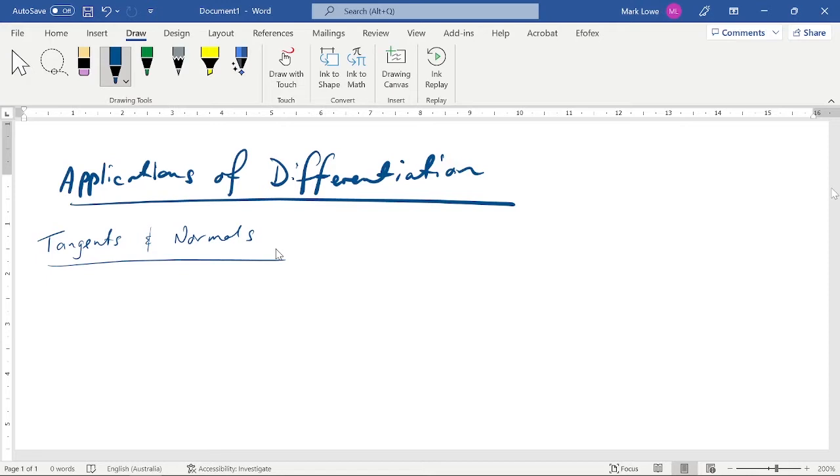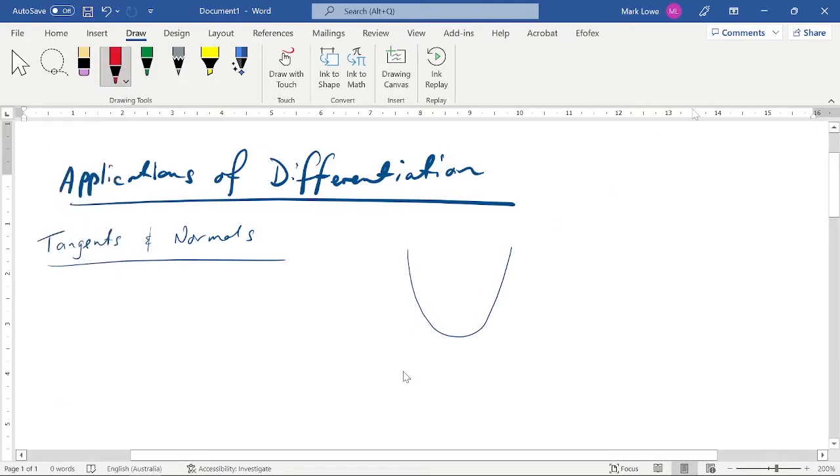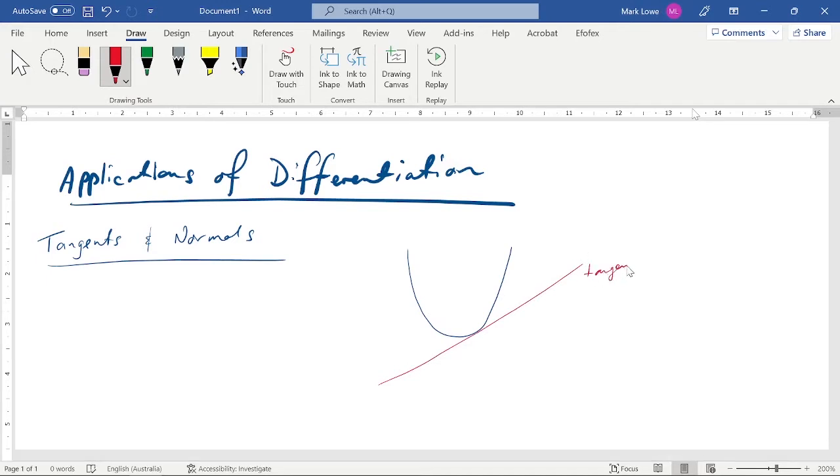Yeah, yep. So if we have a curve, and then draw a line, so that's our tangent, the tangent at that point where it just touches the curve.